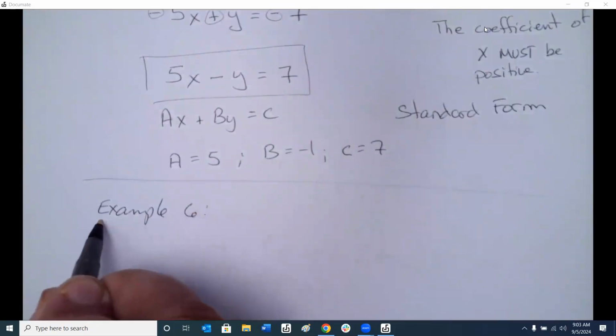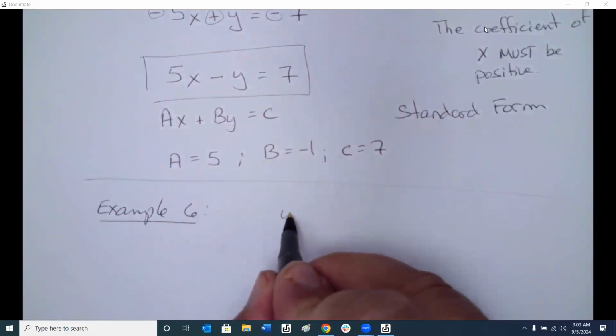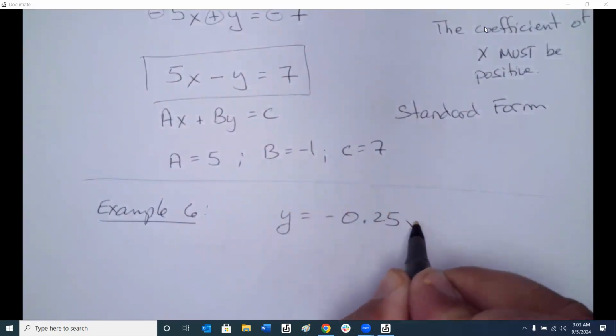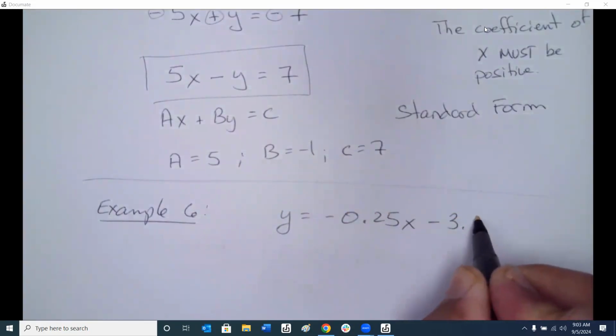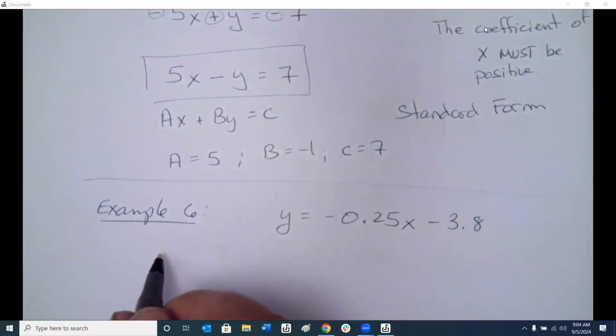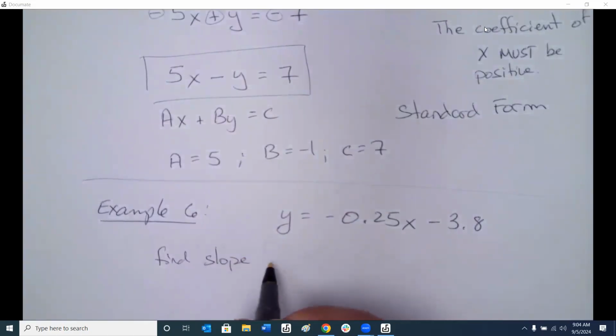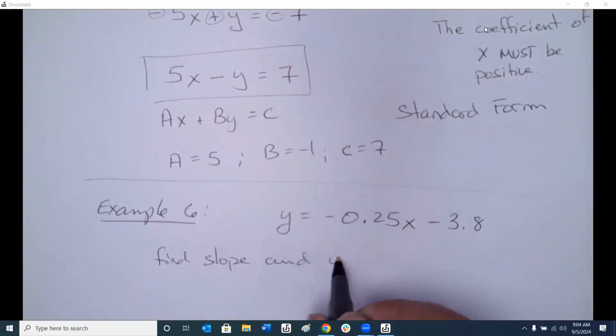Example 6. Given this equation, find the slope and y-intercept.